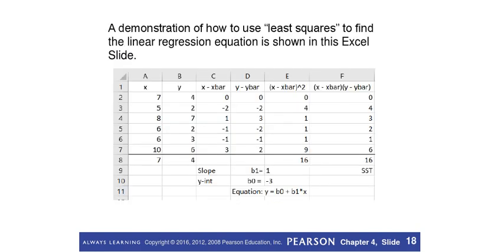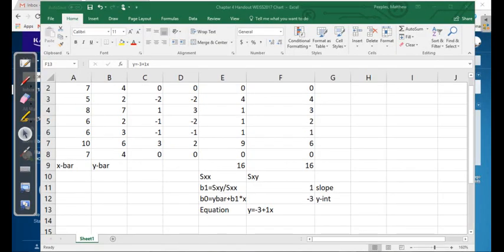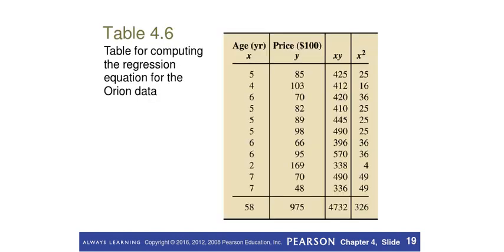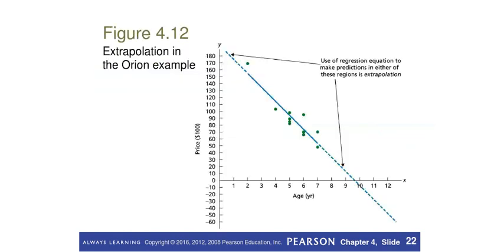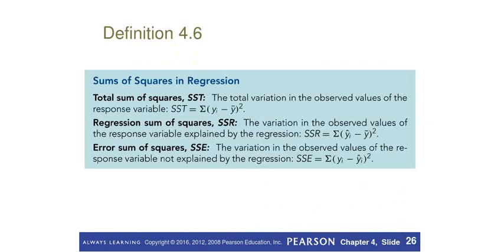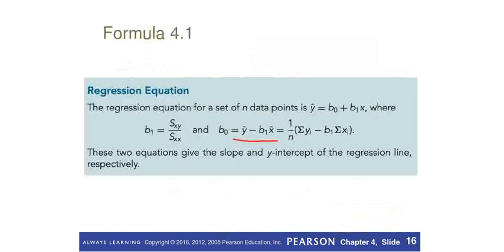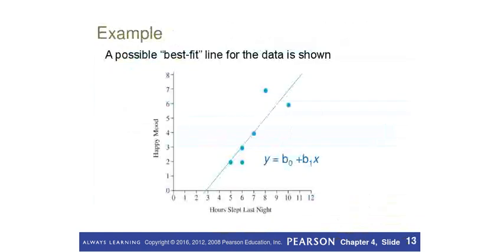All right, so this was the equation that I got on my sheet. So what does that mean for us? If I go to my equation right here, my best fit line, this equation would be y equals -3 plus 1 times x.